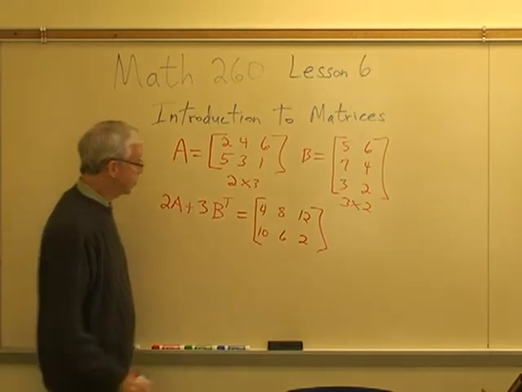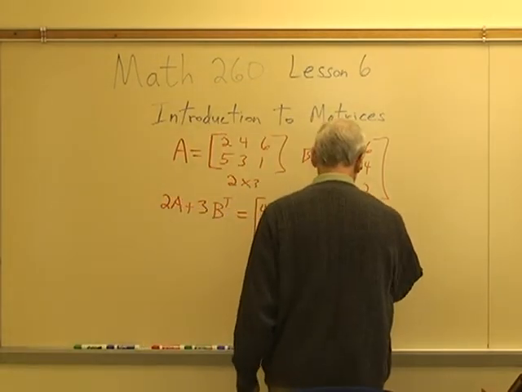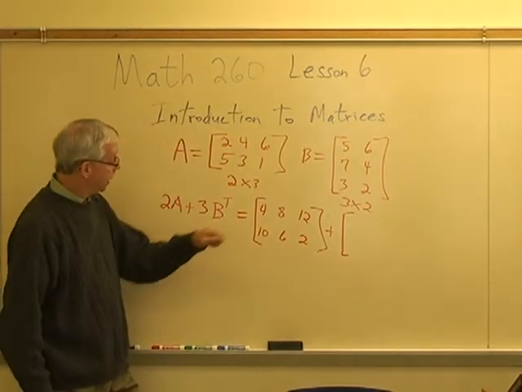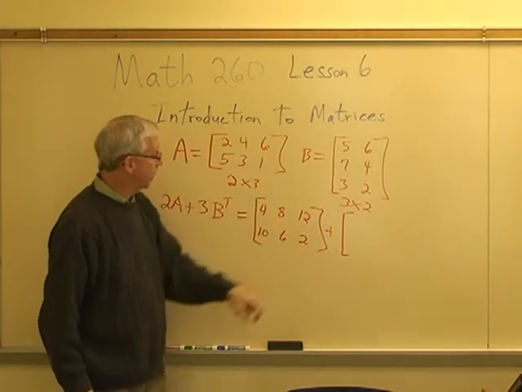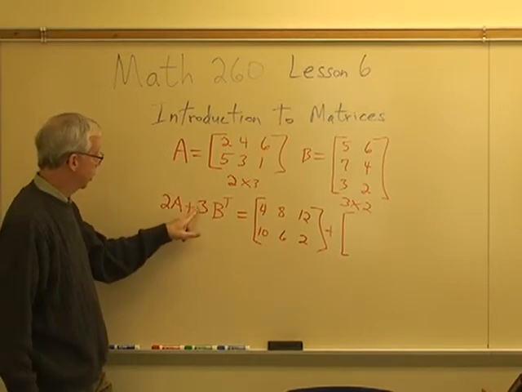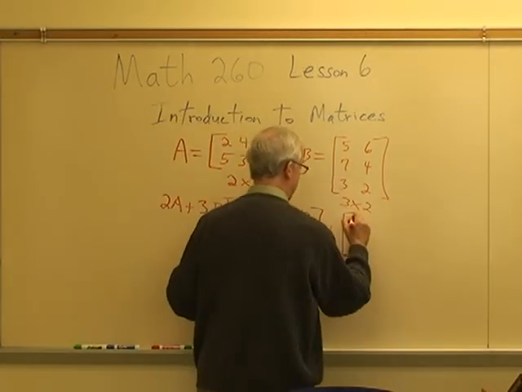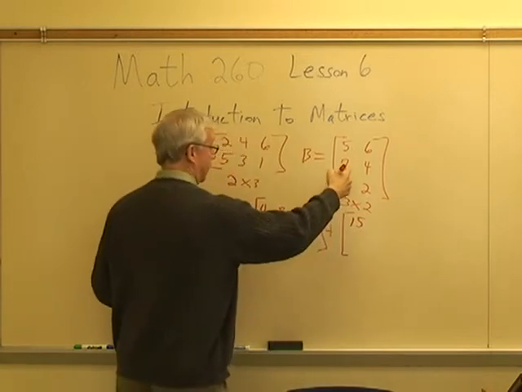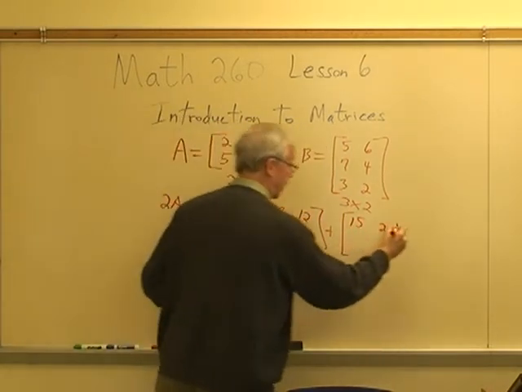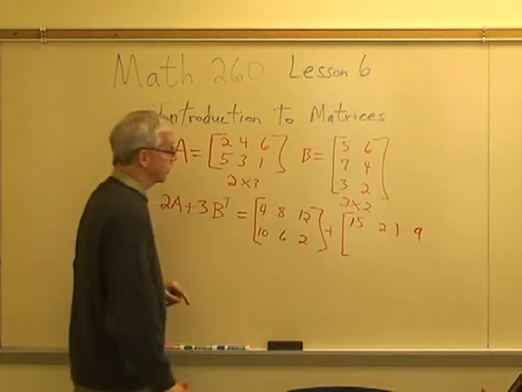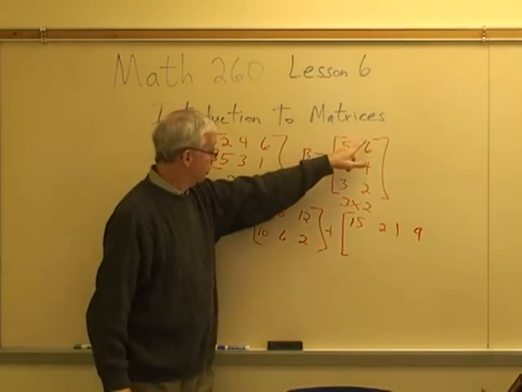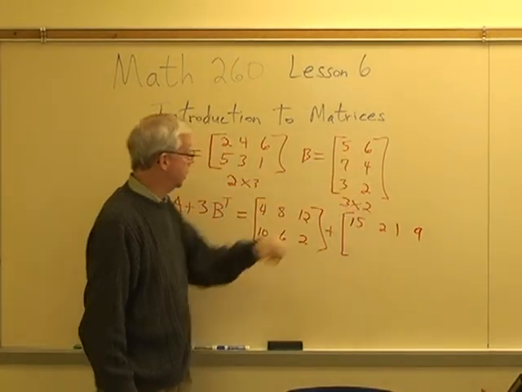And what does 3 B transpose look like? I'm going to multiply each column of B by 3, and those are going to be the rows of my answer. So the first row is going to be 3 times 5, then 3 times 7, and then 3 times 3. And then the second row of the answer is going to be 3 times the second column here.